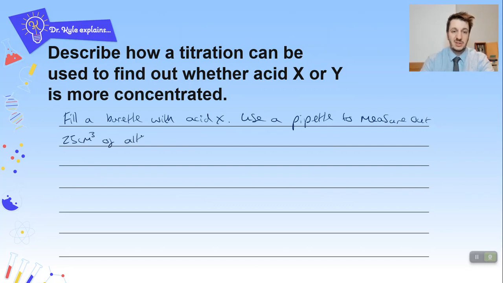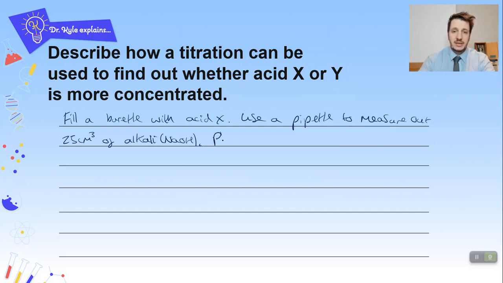Let's say something like sodium hydroxide. Okay, alkali, so brackets NaOH, for example. So you've got your pipette filled with your alkali and you've got your burette filled with acid.